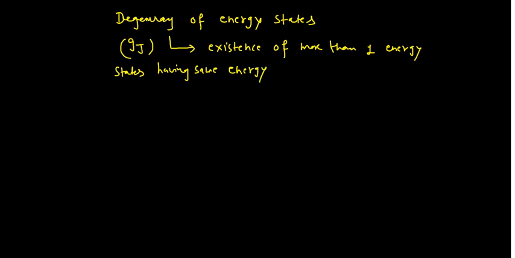And the intensity of the spectral lines depends on the degeneracy. So on increasing the degeneracy, the intensity of the spectral lines also increases. This you should note.